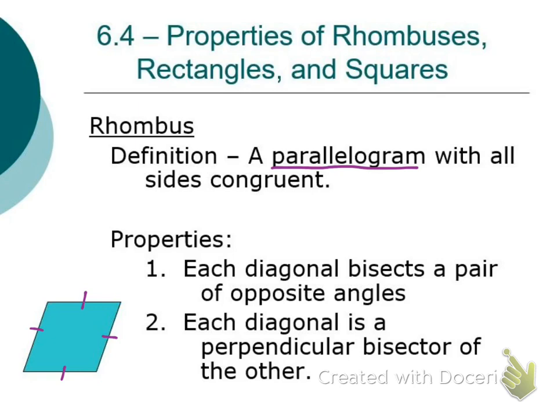So if I draw in a diagonal, it bisects those angles. That means up here, this angle is congruent to that angle, and down here, this angle is congruent to that angle. The opposite angles were congruent to begin with.